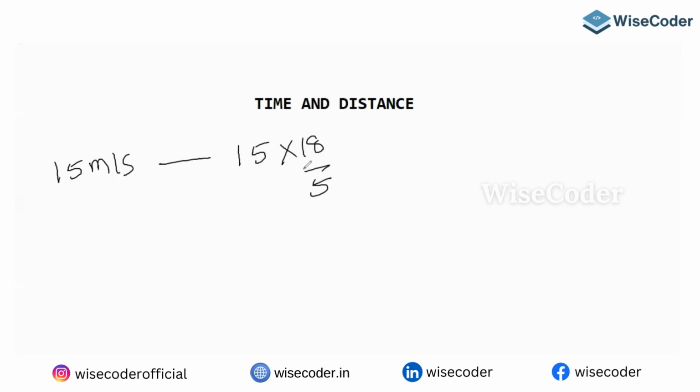Okay, so 5 ones are 5, 3s are 18, 3s are what, guys? 54 kilometer per hour.